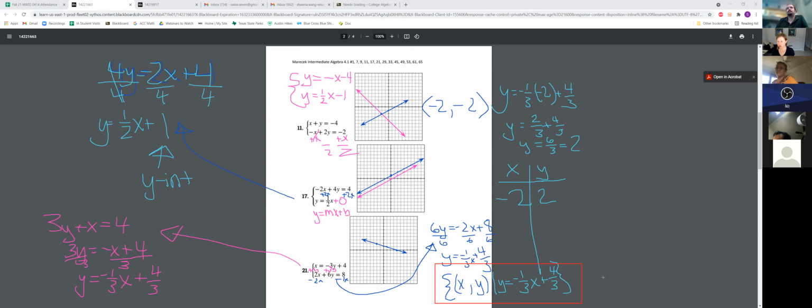Then you'll put a vertical line, which means such that in math. After the vertical line, you'll write the equation: y equals -1/3 x plus 4/3. And then you'll close with the swirly closing bracket. Okay, thank you.